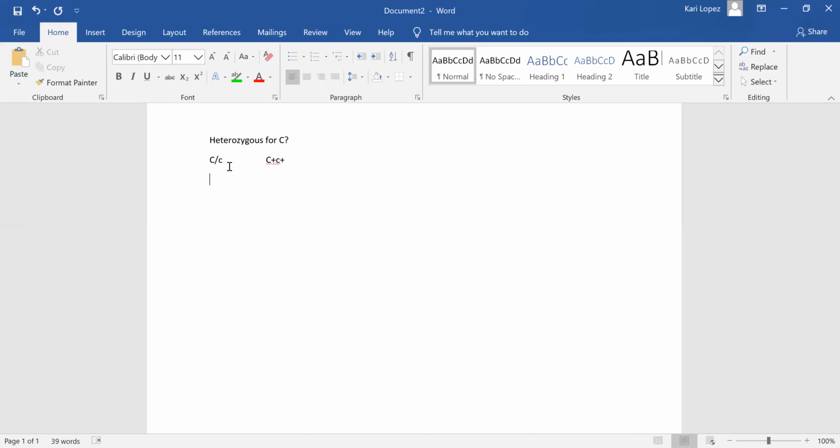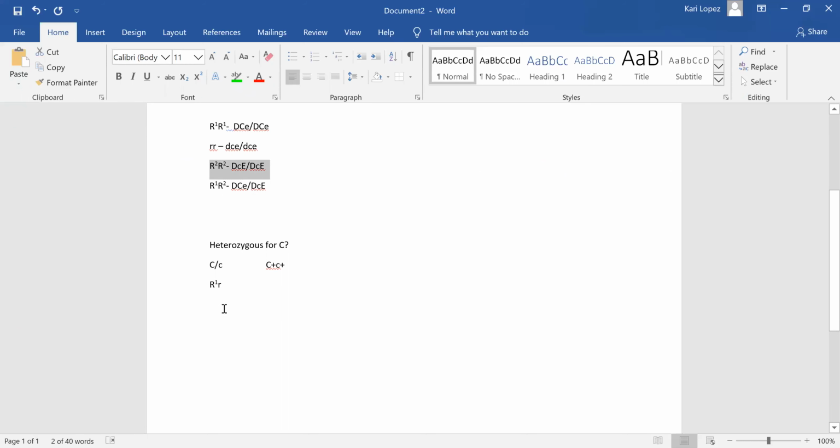Okay, homozygous for C. Okay, so our choices are R1R, and next one's R2R2. And so we already had that one. And then the other one was R1R1 and little r1, little r1.